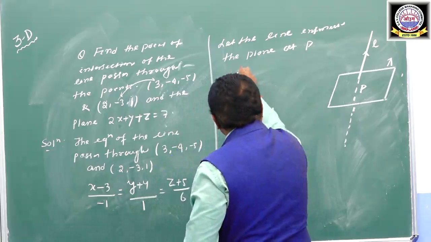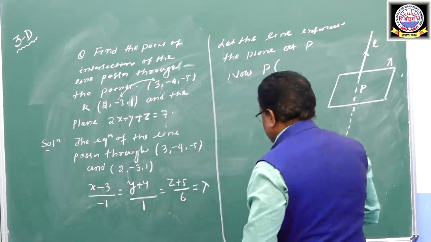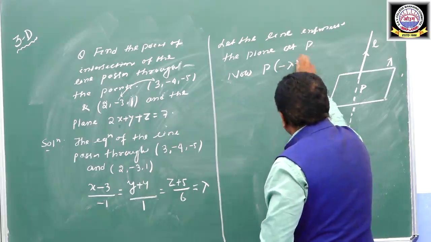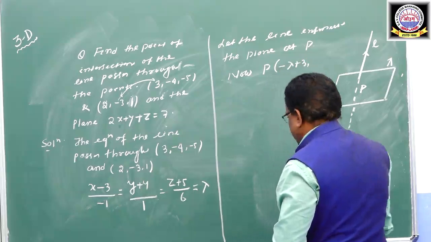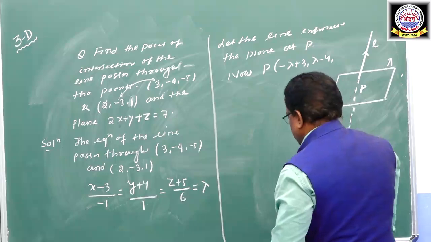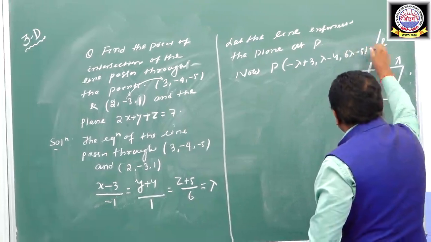Now the coordinates of the point P: minus lambda plus 3, that is correct. Lambda minus 4, that is also correct. 6 lambda minus 5.